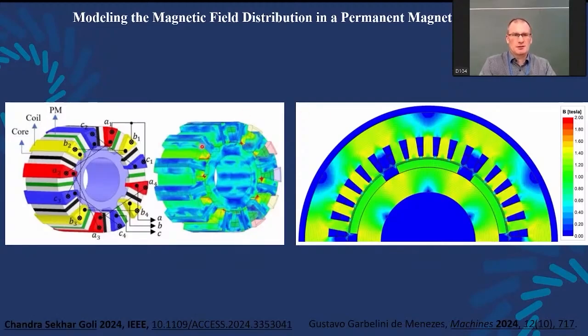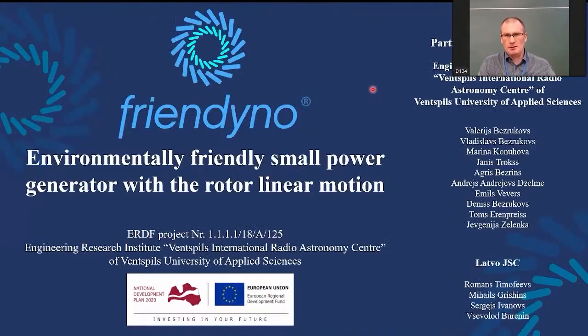The rotary type of generator is very usual and general, and it can be modeled quite easily. It's symmetrical, so we can make a full-scale model of the magnetic field distribution, or make slices and see symmetrical patterns everywhere. But our case has also become a prototype in pilot products with the Friendina trademark: an environmentally friendly small power generator with rotor linear motion.